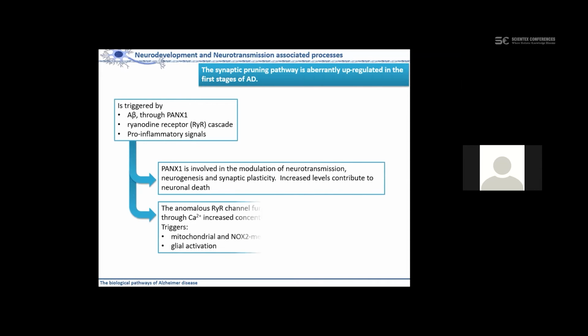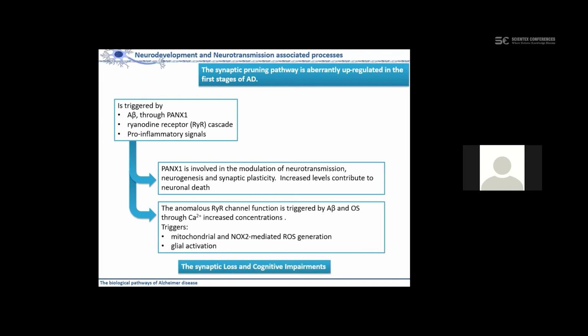The synaptic pruning pathway becomes aberrantly upregulated in the first stage of AD. This aberrant activation, which leads to synaptic loss, seems to be triggered by beta-amyloid through the ryanodine receptor function, other than several inflammatory signals.